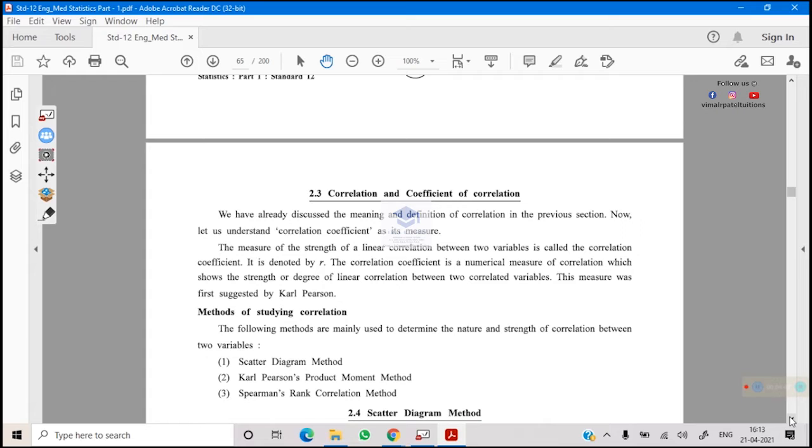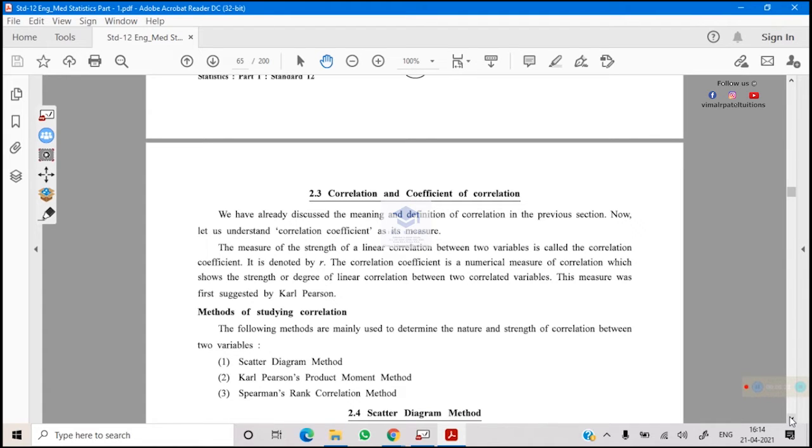The correlation coefficient is a measure which describes the closeness or nearness of two variables, to which extent the two variables are correlated. That can be found out with the help of a measure which will give you a certain specific number, called the correlation coefficient. The first idea of linear correlation and its measure was given by Karl Pearson.